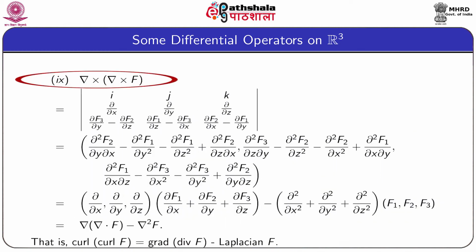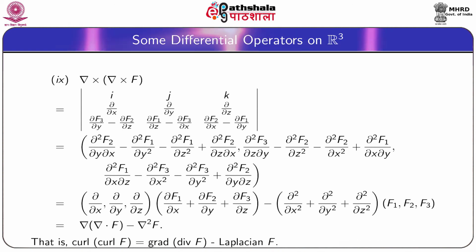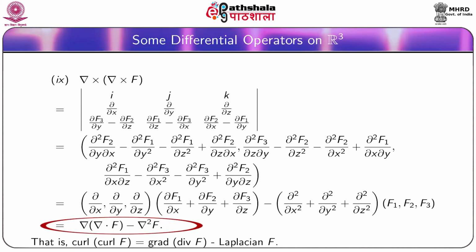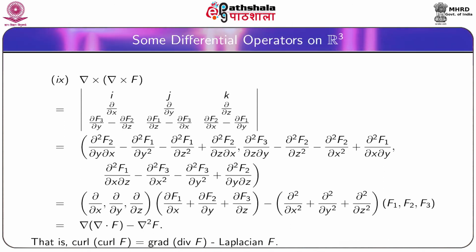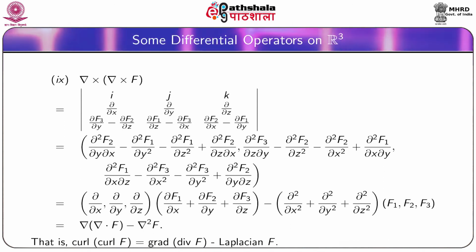Now, nabla cross nabla cross f equals nabla nabla dot f minus nabla square f, that is curl of curl f equals grad of divergence f minus Laplacian f. So, in this module, we discussed the notion of surface integrals, and after that we studied some differential operators and their properties. We conclude here.